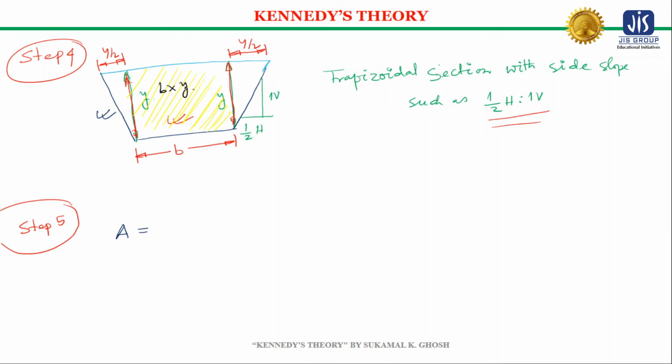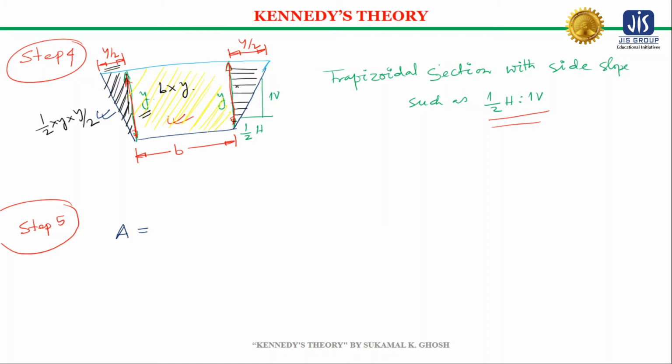Now you will also have a triangular part, that is this part, and another triangular part, that is this part. For this part, the area will be half into y by 2, because the height of this triangle is y and the base of this triangle is y by 2.